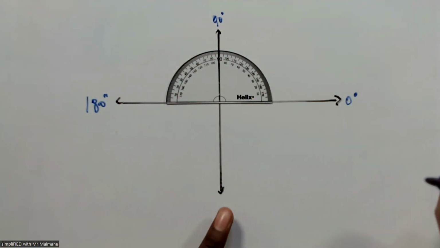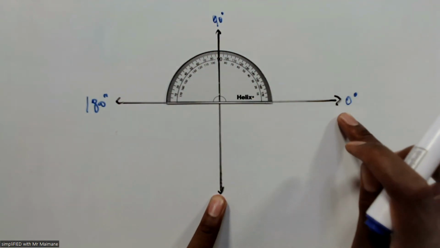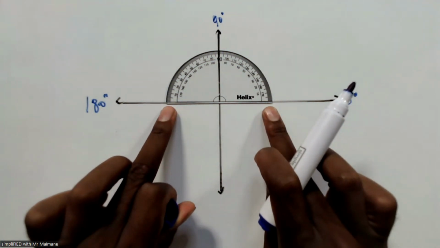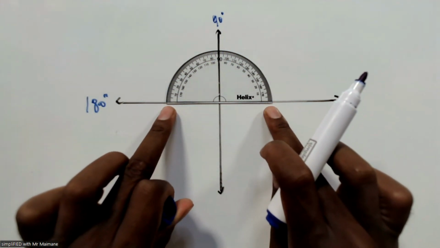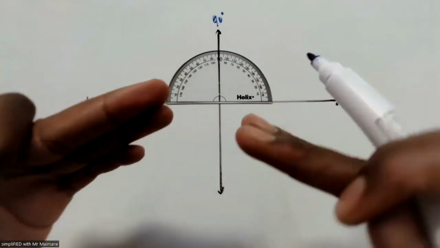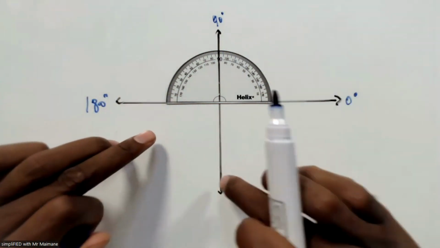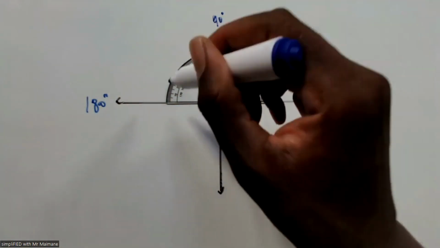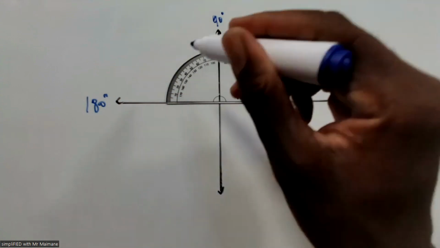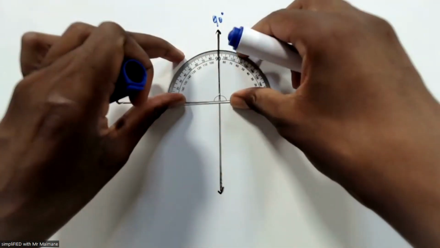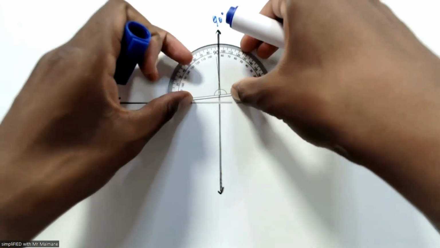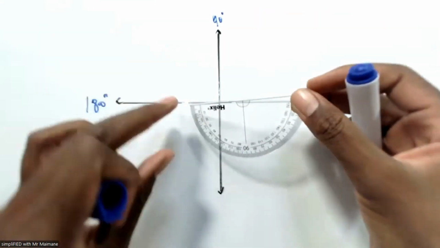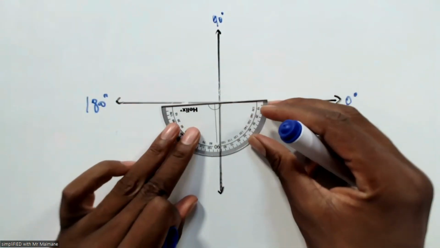But we're not done, because we still want this angle and we still want this angle. Since our protractor goes from 0 up to 180, anything beyond that we just add. When you flip it over to the other side, we just add, because we know that the total revolution should be 360 degrees. So I'm going to put my protractor like that.